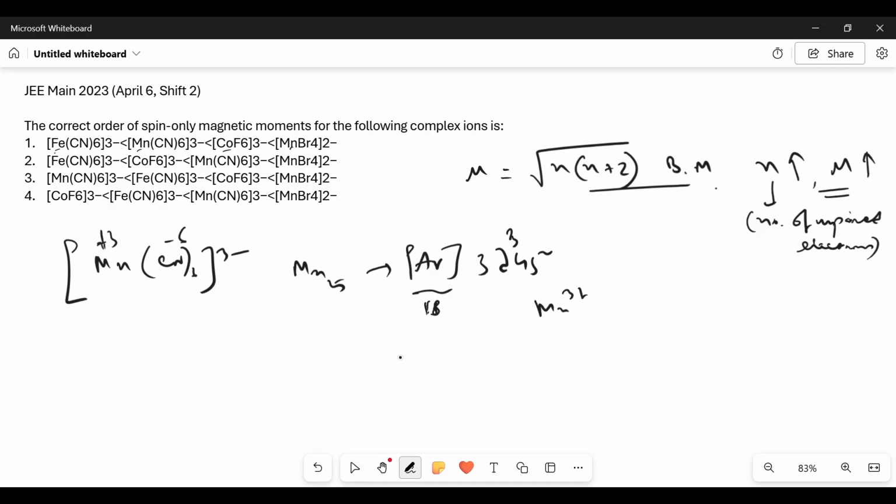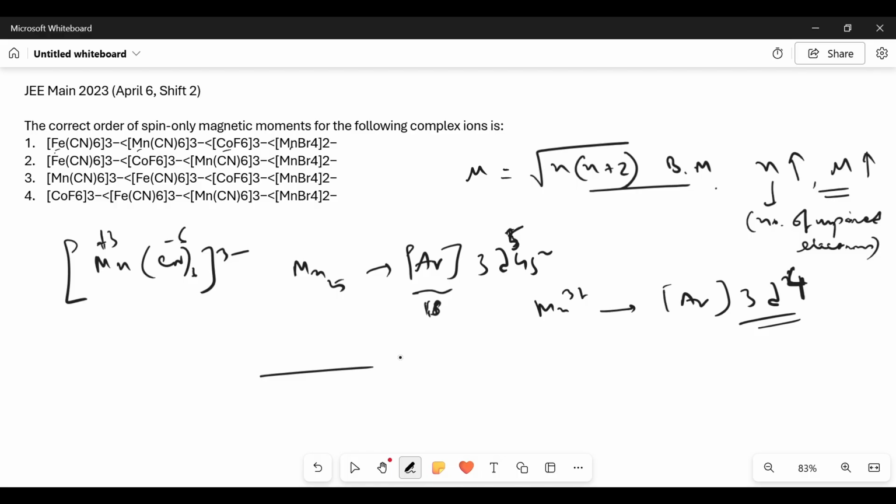So manganese 3 plus means argon 3d4, so we remove 2 electrons from 4s and 1 from 3d. Okay. So 3d4 system.